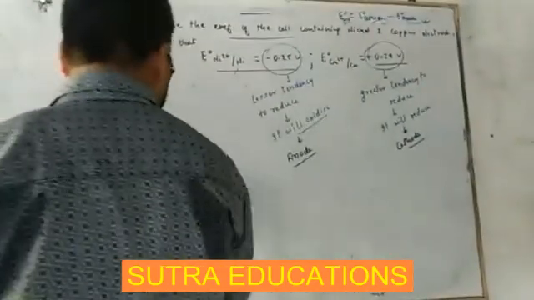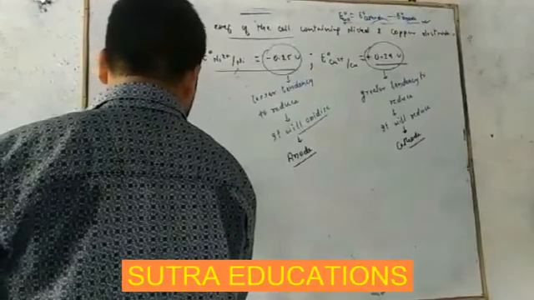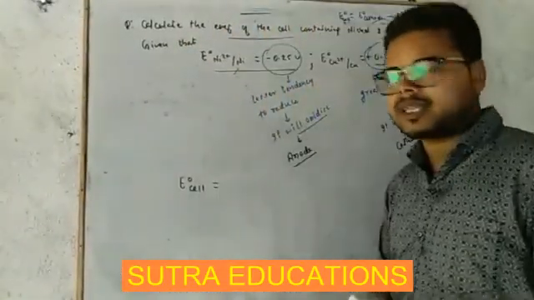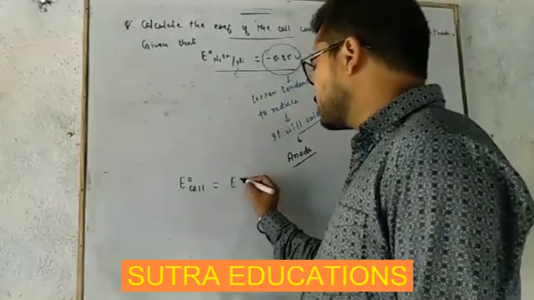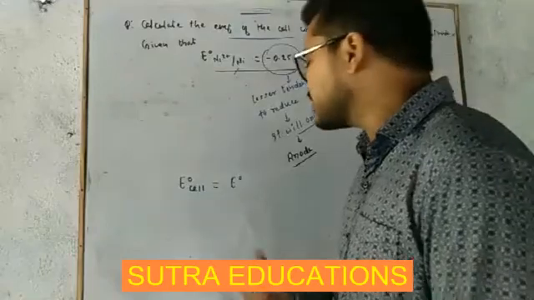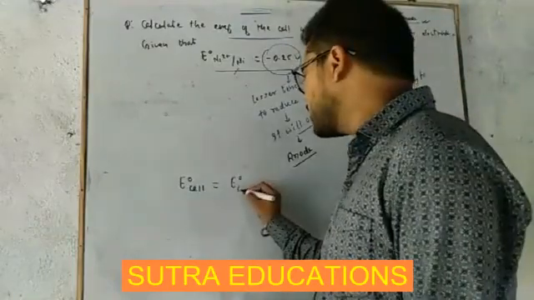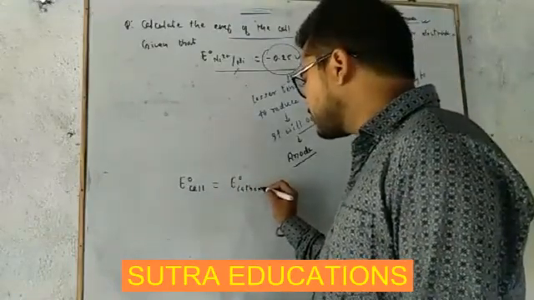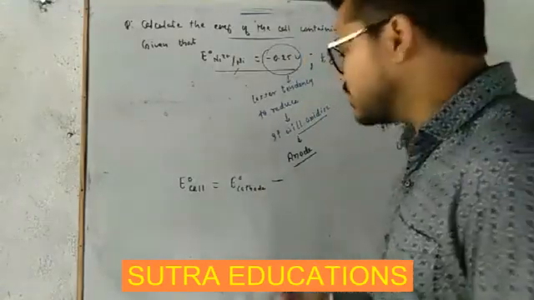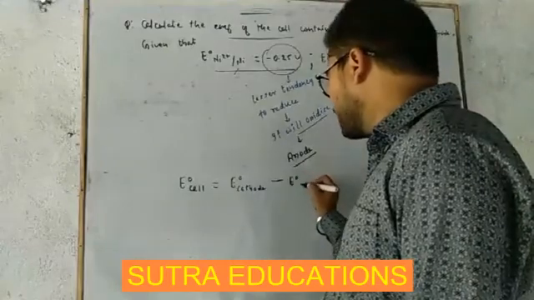So we know the formula, E naught of a cell, standard EMF of a cell, is equal to standard reduction potential value of cathode, E naught cathode, minus standard reduction potential value of anode, E naught anode.